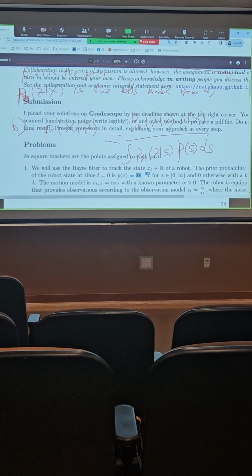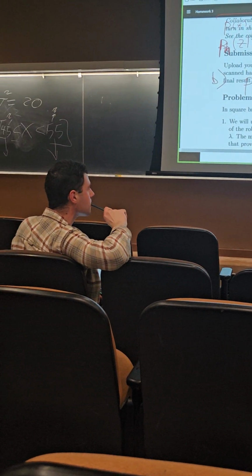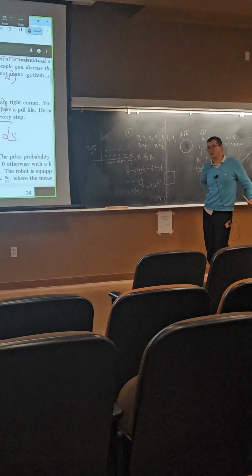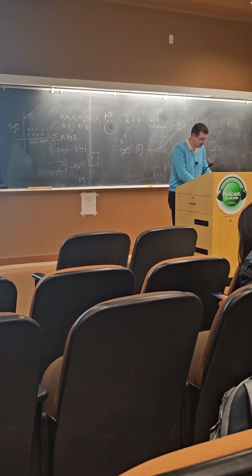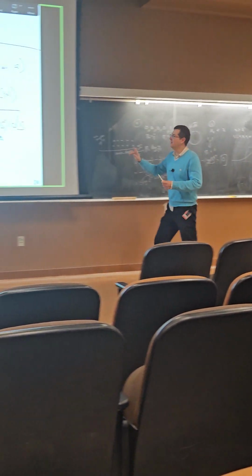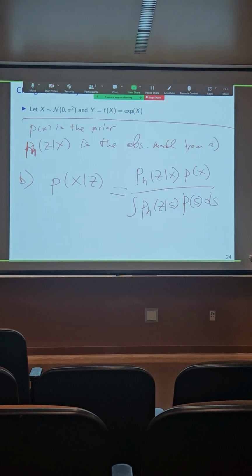Remind me what s is in the normalization constant. It was just a variable of integration, so it's a dummy variable. It is x, but what I'm saying is integrate over that variable. So whatever expression for the function I get, I would use s and integrate over the range of x.